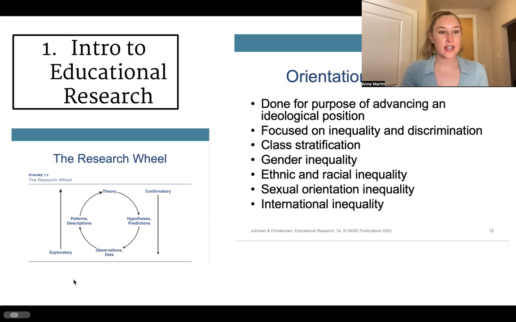Now over here, this is the research wheel that shows the different ways, and again, this is talked about in this chapter, the different modes that empiricism and scientific research is carried out. So some scientific research is more exploratory.